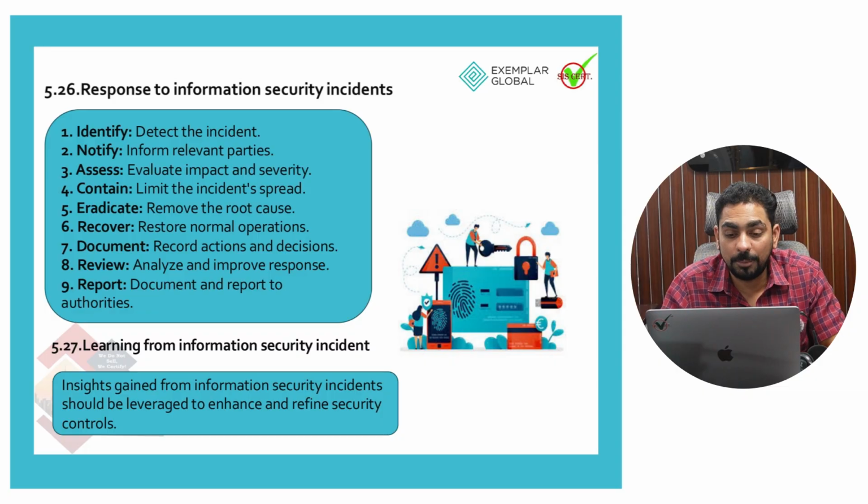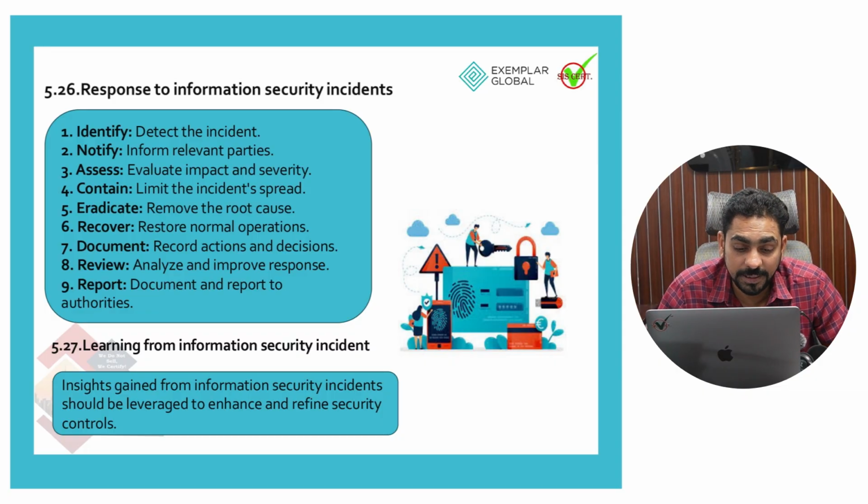Now, the response to information security incidents: detect the incident, inform relevant parties, evaluate impact and severity, limit the incident's spread, remove the root cause, restore normal operations, record actions and decisions, analyze and improve response, document and report to authorities. If you see this control and the next control, learning from information security incidents, when you report to the authorities, of course you will report it once you have a proper closing meeting for that incident.